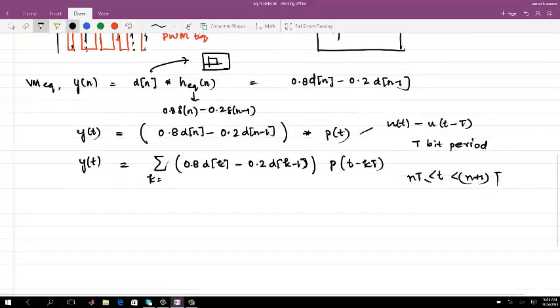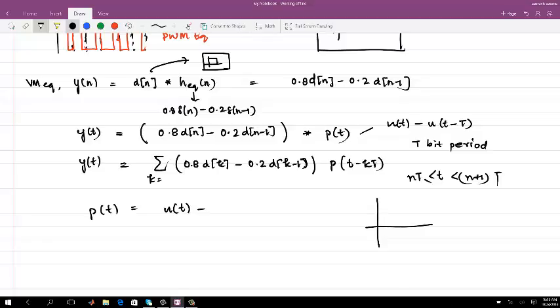Now what will be done for the PWM equalization? Your p of t is equal to u of t minus, so how will you write this equation? u of t minus u of t minus dT is this portion, right?